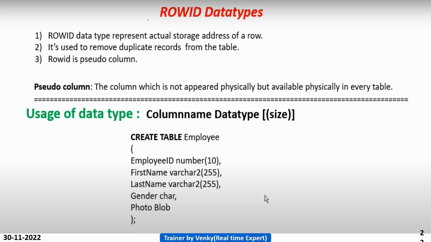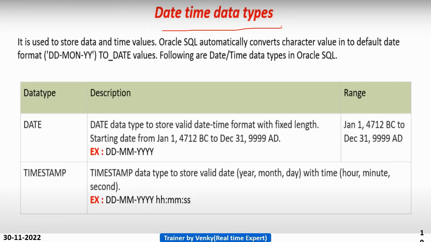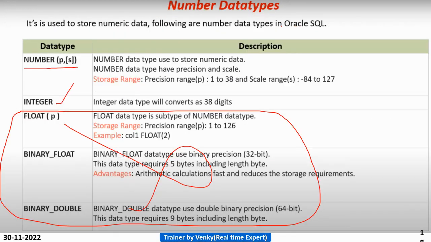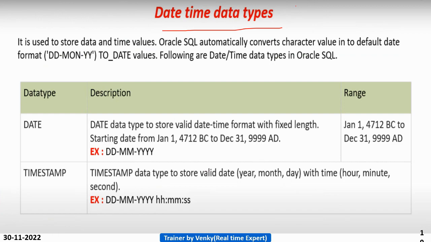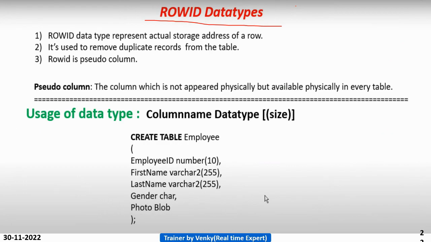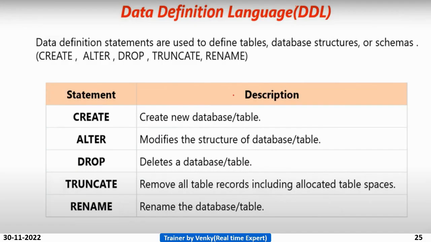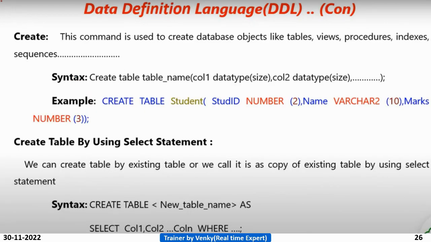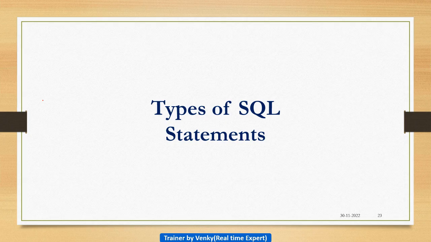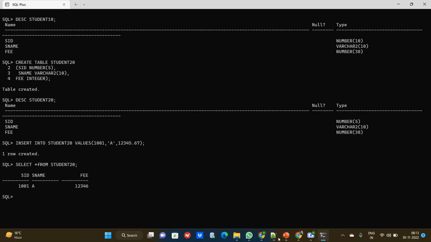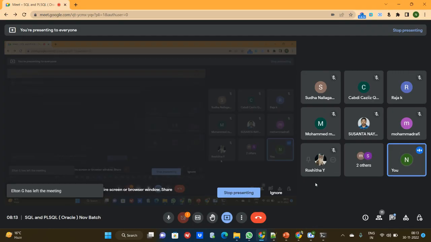We will see what is the raw data type. Tomorrow we will see the date time data type and the long data type. Then we will go for the commands: what is create, and these things. Statements of SQL or commands of SQL, both are the same.